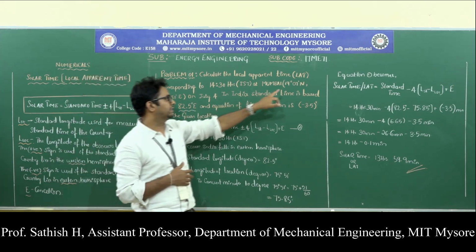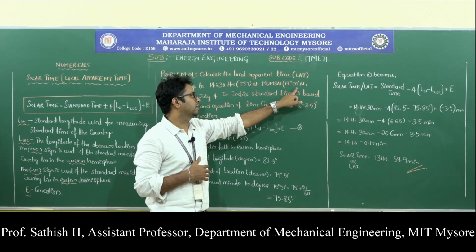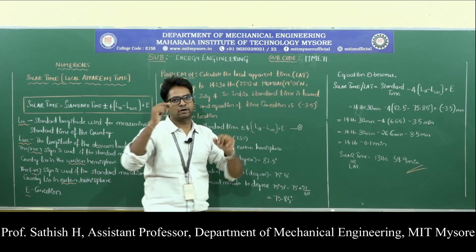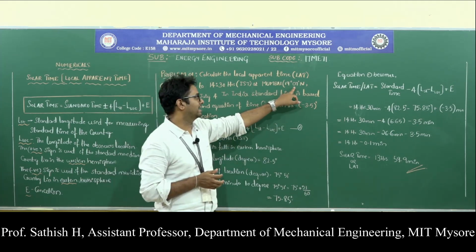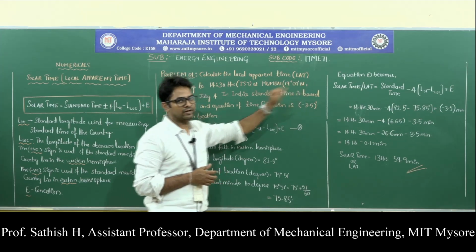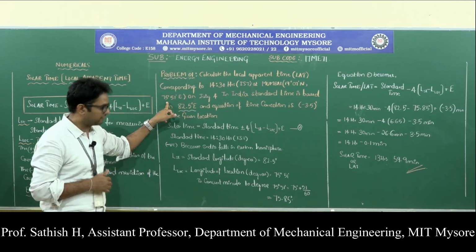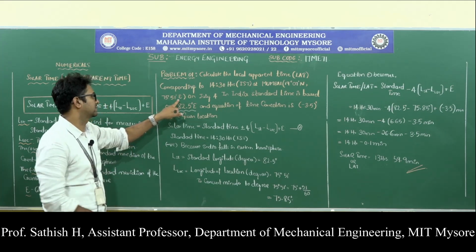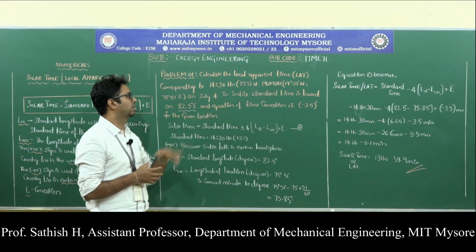How to read this? This is degrees, we all understand that, and if you have a number with a hyphen-like mark, it is read as minutes. N stands for north and E stands for east, so this is 75 degrees and 51 minutes east. The date is also given: July 4th.